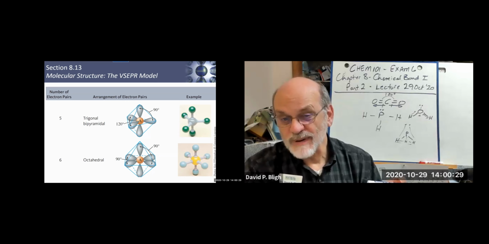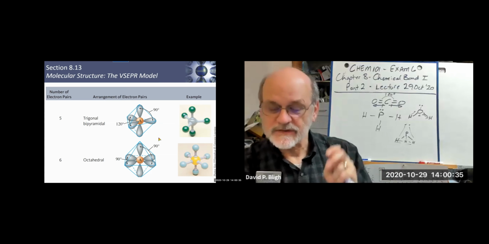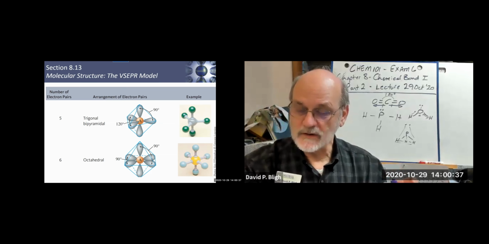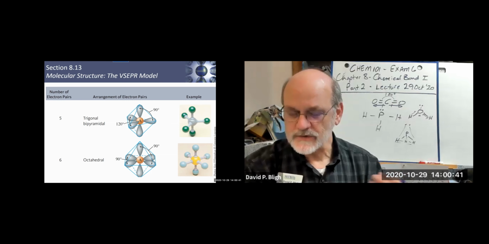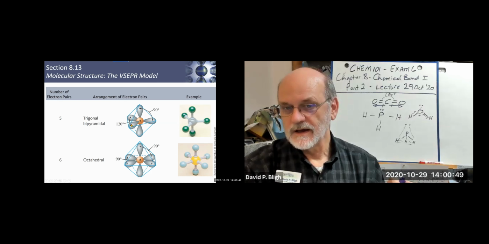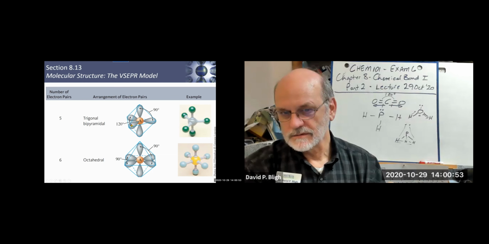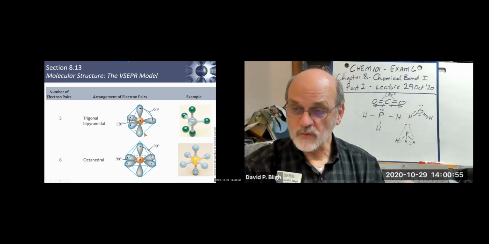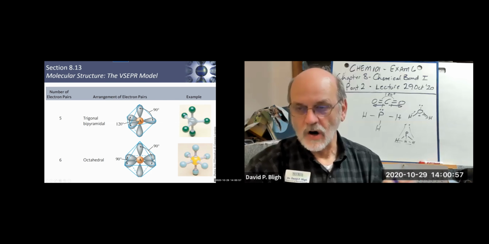So you have a trigonal base with a pyramid on top and a pyramid on the bottom. That puts everything far apart. And the bond angles, if these are all atoms, would be 90 degrees for these two, 120 degrees for these two, and they left one out, didn't they? 180 degrees between those two. So 90, 120, 180 are all the bond angles.